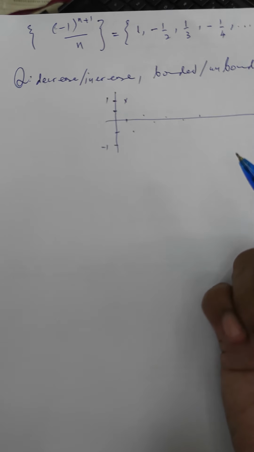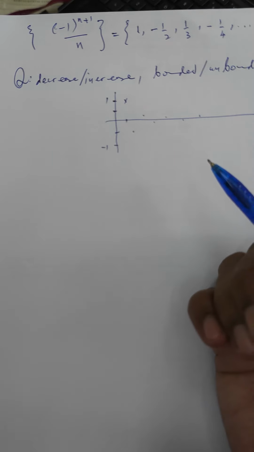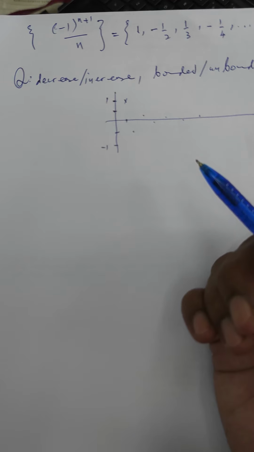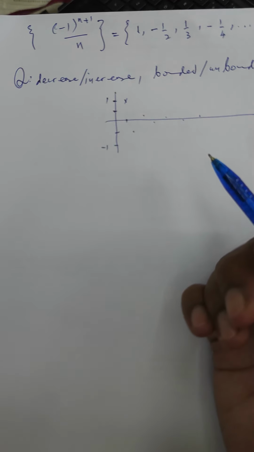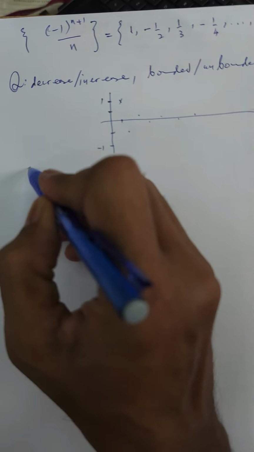What is the main subject that we are looking for? Let me repeat that again. We have decreasing, increasing, bounded, unbounded, convergent, and divergent sequences. All right, now we go into a little more detail on the boundedness of the sequence.